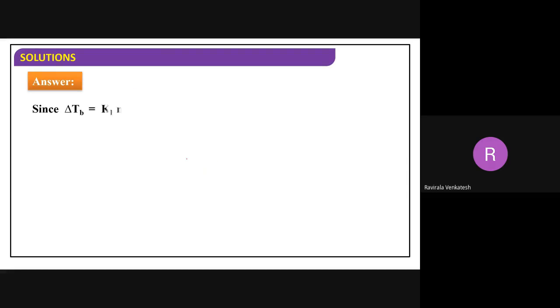Now I am writing the formula: delta TB is equal to the boiling point of solution minus the boiling point of the solvent, which is equal to Kb into weight of solute by molecular weight of solute into 1000 by weight of the solvent.